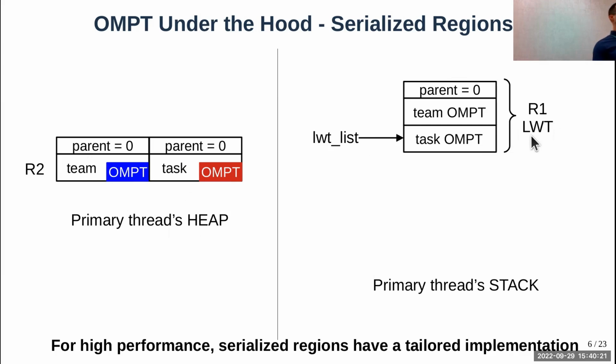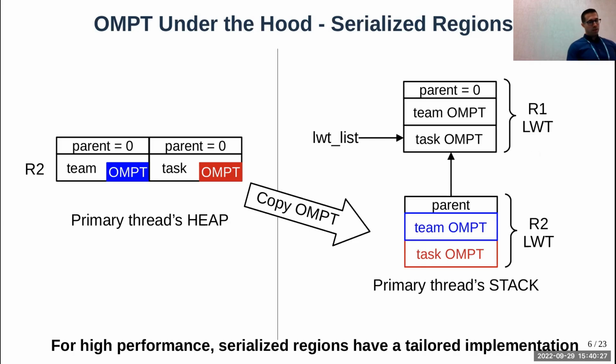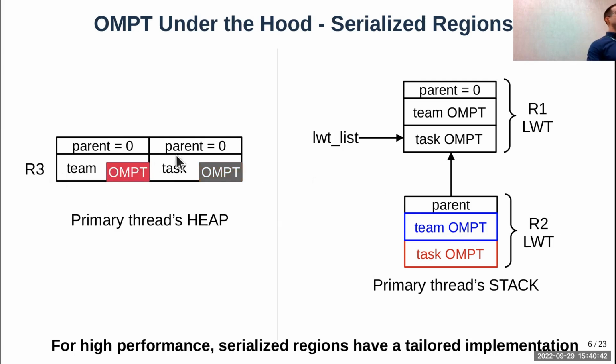So what happens now if a thread needs to create another nested serialized region R3? The first thing that happens is we create a lightweight team descriptor for storing information about the now enclosing region R2. We copy team and task information from the heap to the stack. We reuse the team and task descriptors, so we save some time allocating memory on the heap.